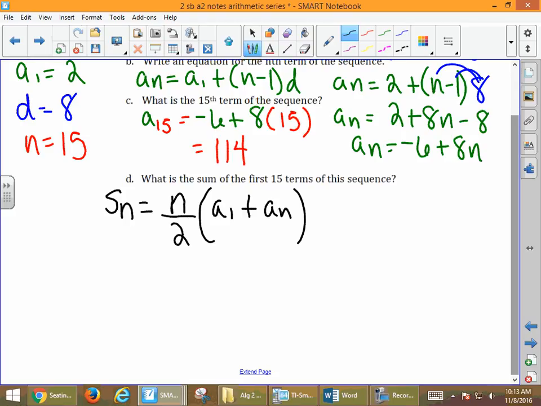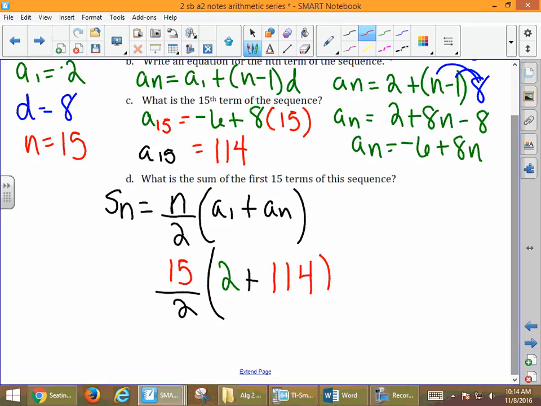And even though I didn't write it, I'm going to write it right now. Should have written it there. That's our A15. 114 is our 15th term. So we put this value in and we get 15, here's our n, divided by 2, times our first value, a sub 1, which is 2, plus a sub n, which is 114. That's what we just found.